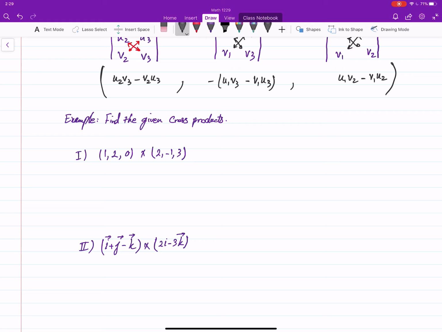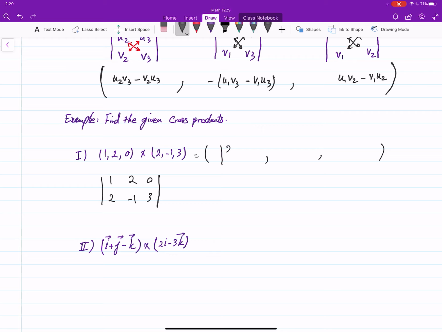Remember, you have to make three components: first component, second component, third component. What you do is write 1, 2, 0, 2, negative 1, 3. For the first one, ignore the first column.